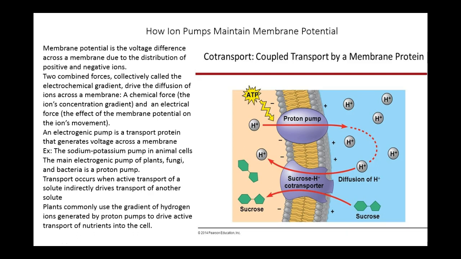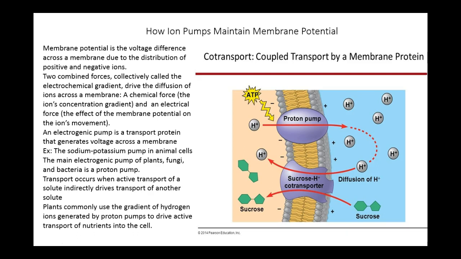These ion pumps can maintain a membrane potential, and I started to tell you what a membrane potential was, but also add to that what it's used for, particularly in, say, bacteria or other types of living biology here on Earth, is you have a co-transport. So what's happening here is you have a proton pump.